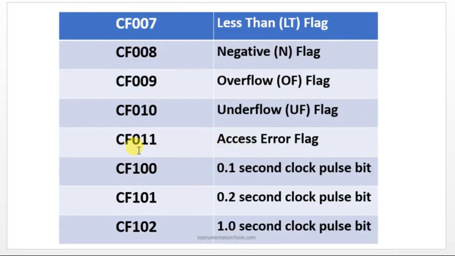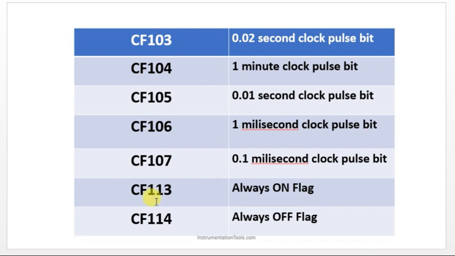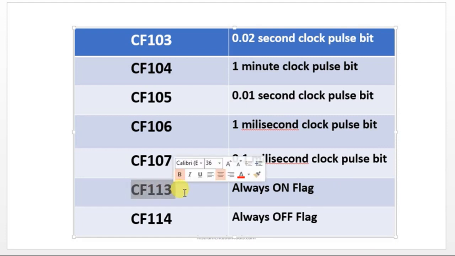And we have some error flags, clock flags. And we also have an always on flag and an always off flag, which means whenever the CPU is on, this flag will be continuously on. So you can make use of this flag to turn on some output whenever your PLC is on. No need to connect any memory coil or any other input address. You can directly use this flag to turn on that particular output. And this is for the always off flag.